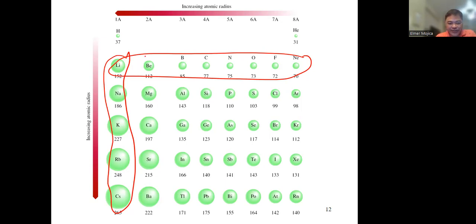So if I ask you here which has the smallest atomic radius, it's this one. So atomic size goes that way, right? So be sure of this.